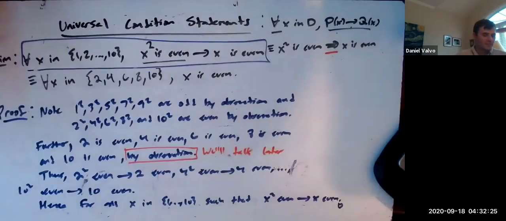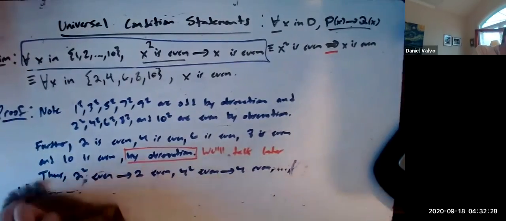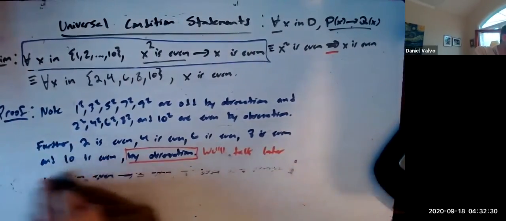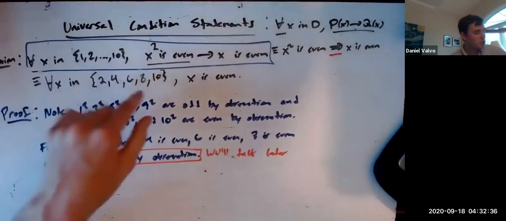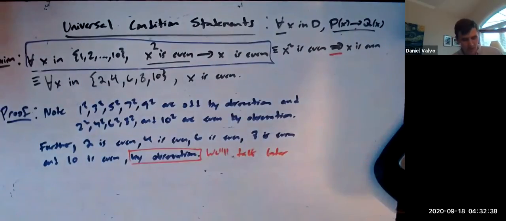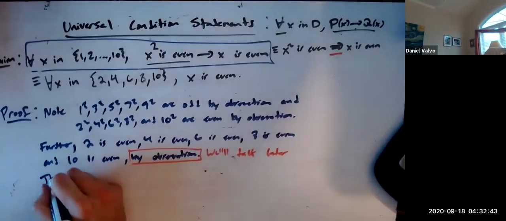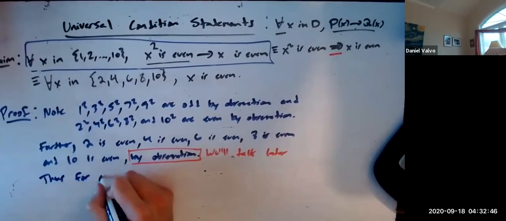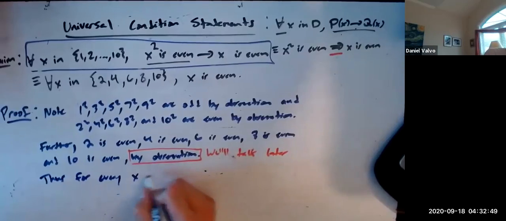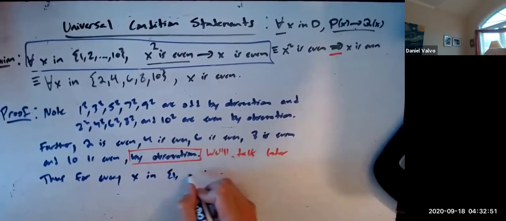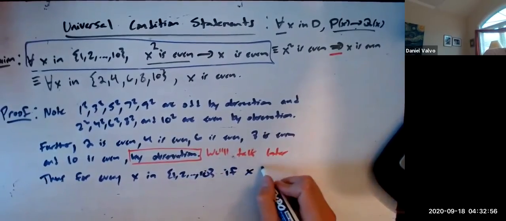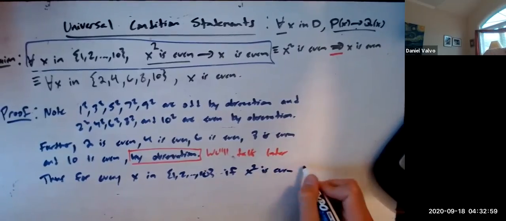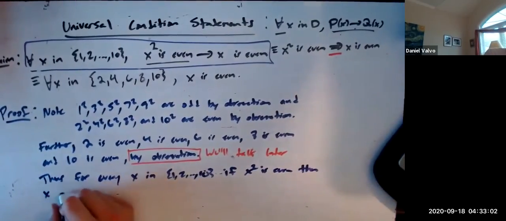It's also okay if you write like the first thing I wrote. Instead of showing this individually for every single thing in the domain, if you got to this point and said, thus, for every x in 1 to 10, if x squared is even, then x is even.